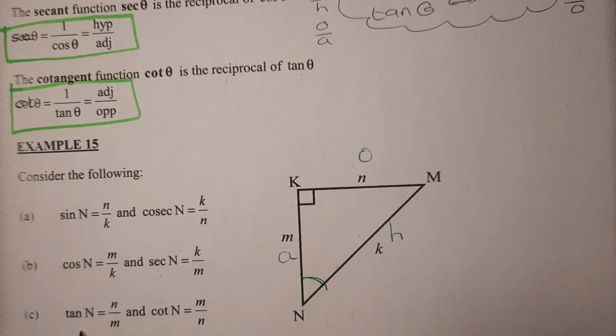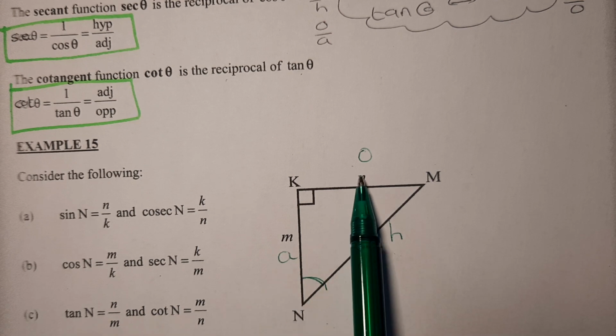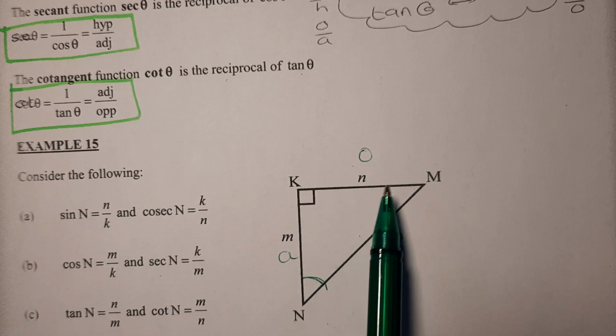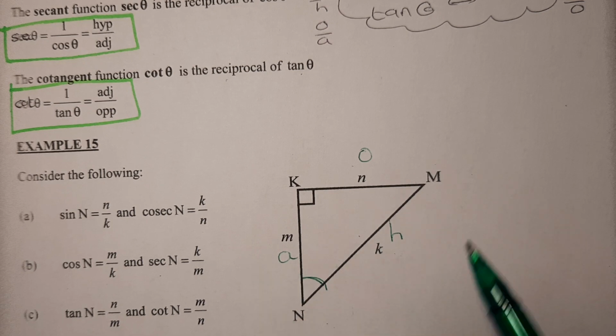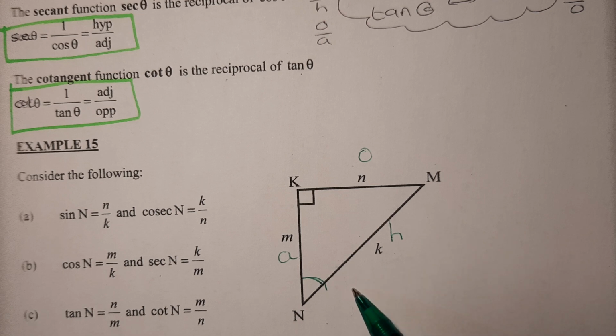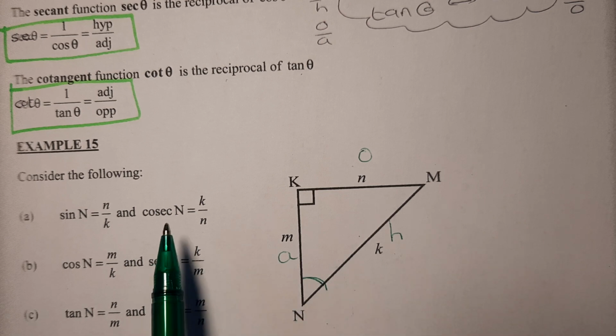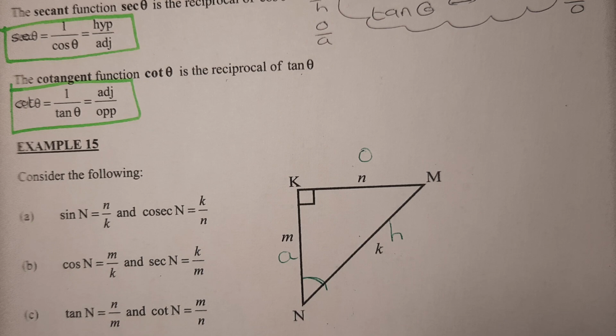If tan of n is equal to, tan is what? Opposite over adjacent. If tan is n over m, then the reciprocal of that, which is cot, will be m over n. So they are still going to ask you, using your triangles, give the sides, but now they can ask you the reciprocals as well.